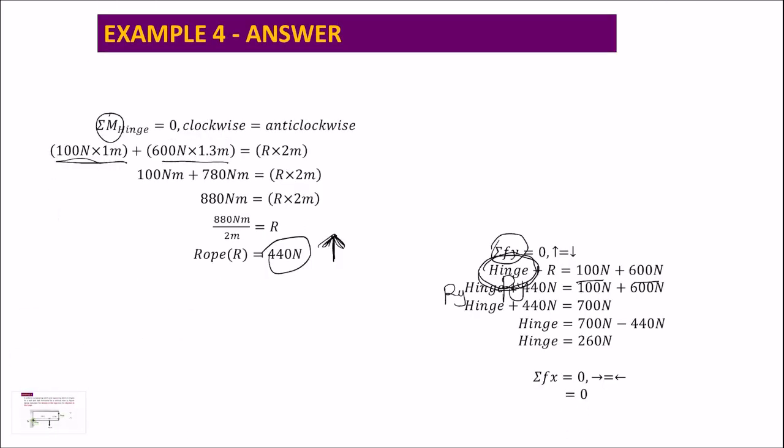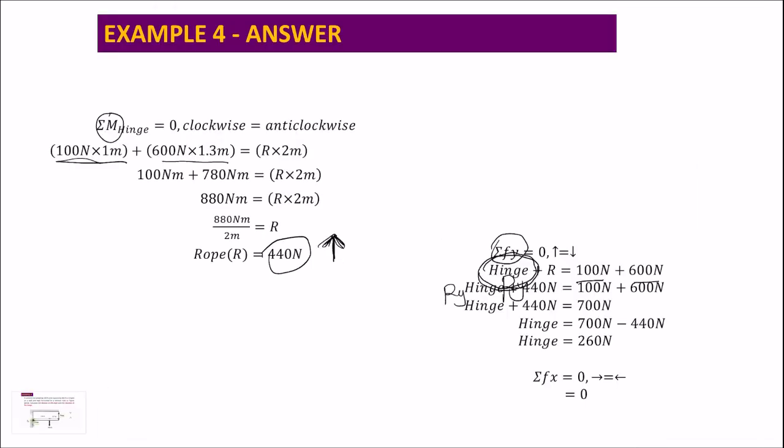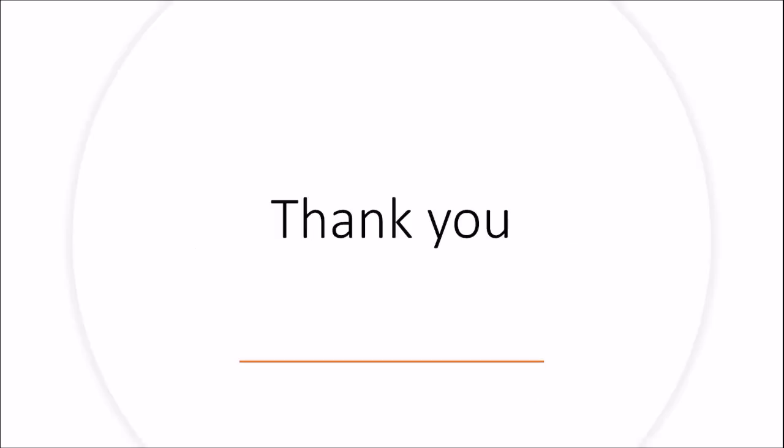Kosong untuk arah kanan dan kosong juga untuk arah kiri. Equal to 0. You can use it like this lah. Rx is equal to 0. Reaction at X equal to 0. That will be the answer. Right, so that will be all. Thank you.